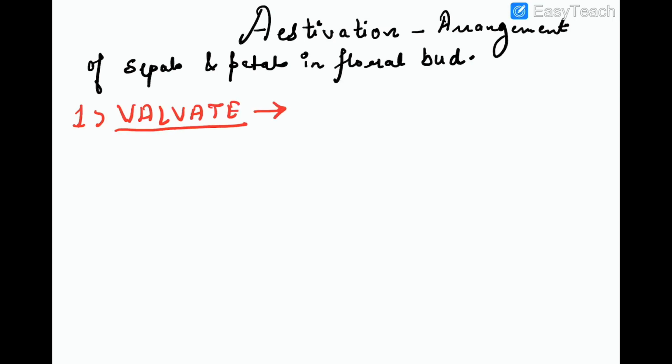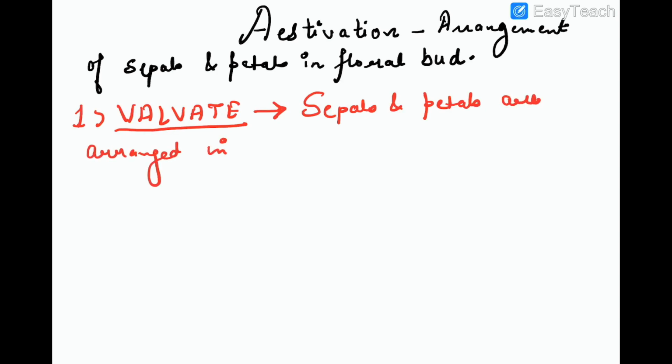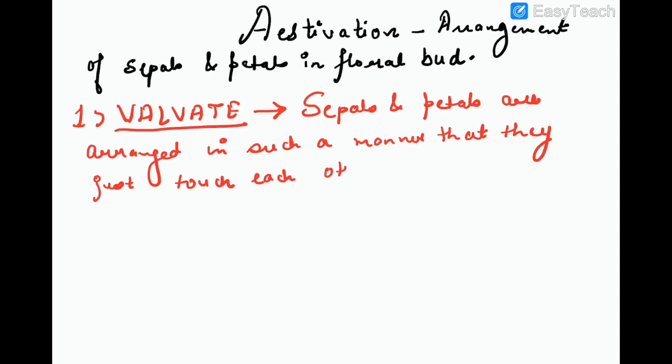In valvate estivation, sepals and petals are arranged in such a manner that they just touch each other at the margin, without any overlapping.